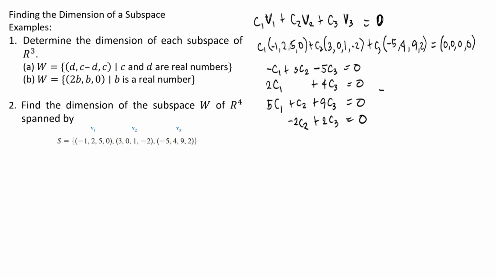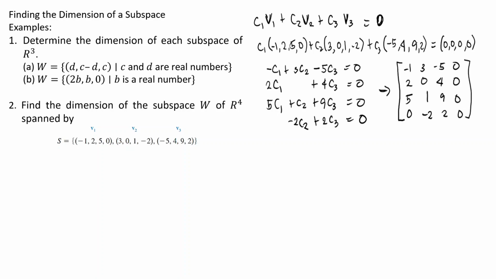And then we get the augmented matrix of this linear system. So we have -1, 3, -5, 0; 2, 0, 4, 0; 5, 1, 9, 0; and then 0, -2, 2, 0.